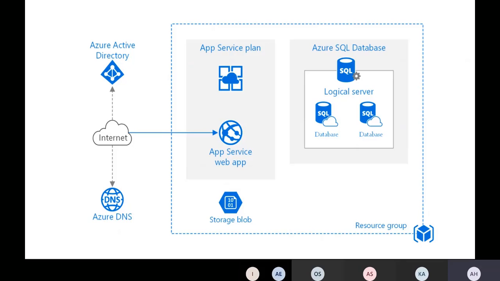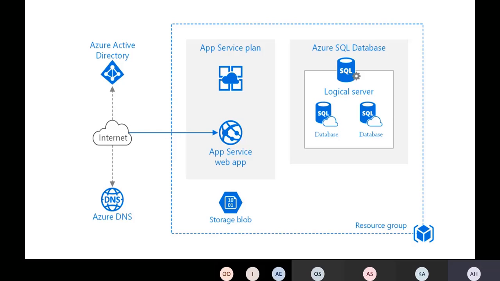So ideally, you'd be connecting to that app service over the public internet. And if you need to sign in to the application, you can connect that to Azure Active Directory, etc. as the identity.